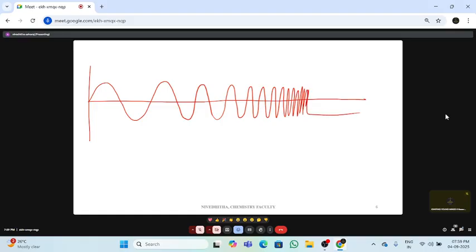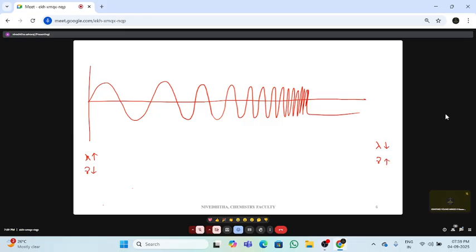Kanna, what is the pattern you're seeing here? The wavelength is decreasing, ma'am. Very good. In the leftmost corner, wavelength is highest, and in the rightmost corner, wavelength is lowest. How about frequency? Increasing. On the left side, frequency is low. On the right side, frequency is high.